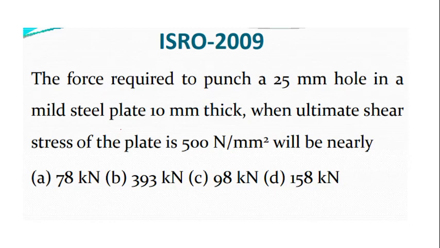B. Yeah, B is correct. pi d t tau is equal to F. You fill the values, your answer will be coming as 392.5 kilonewton.